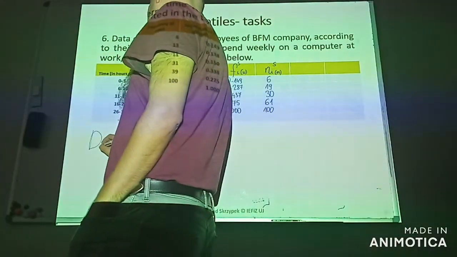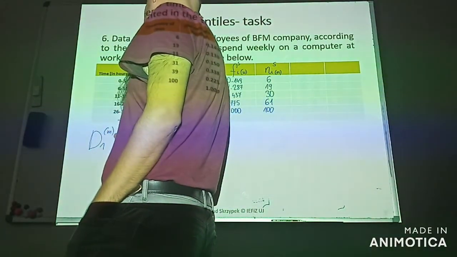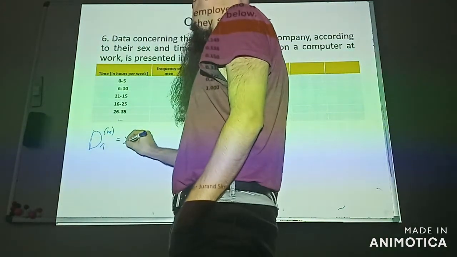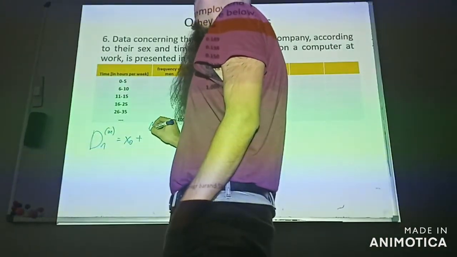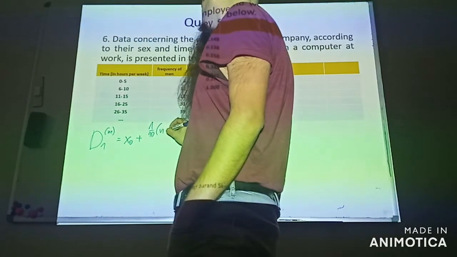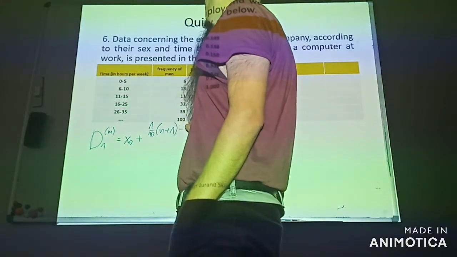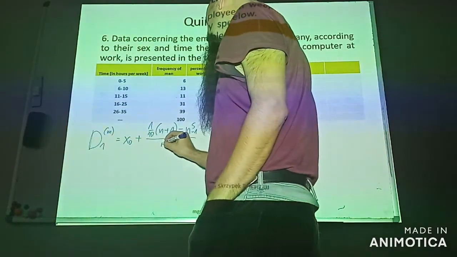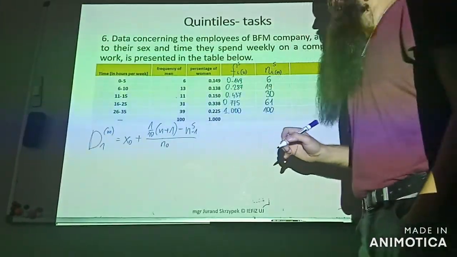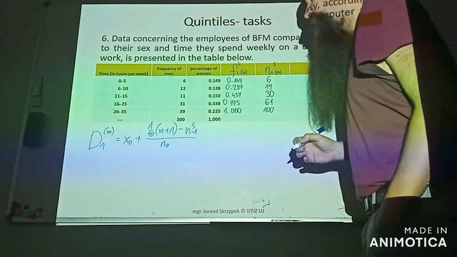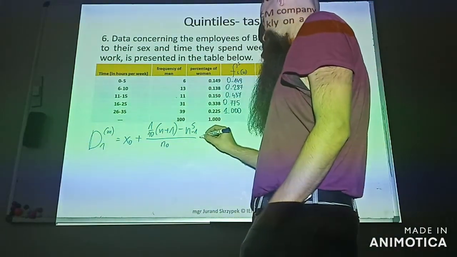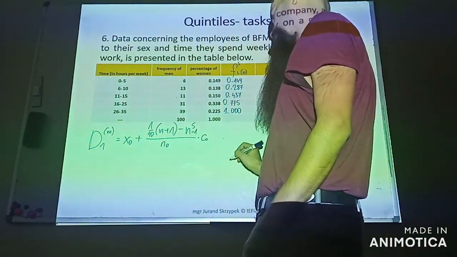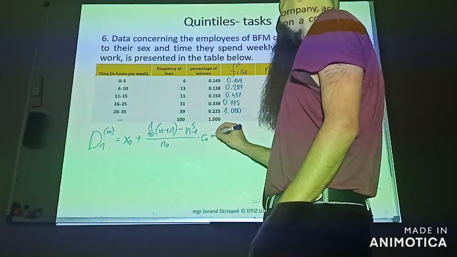The first decile in the group of men is x0 plus 1/10 multiplied by n plus 1 minus the cumulative frequency from the previous class, divided by the frequency from the 0 level class, multiplied by C0, the range of the class.